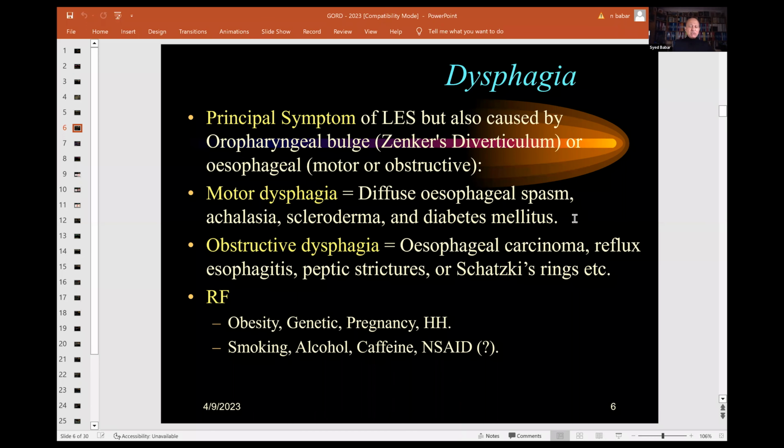These are obesity, sometimes genetic involvement, pregnancy enlargement, hiatus hernia, and then there are lifestyle triggers such as smoking, alcohol, caffeine, and frequent uncontrolled use of non-steroidal anti-inflammatory drugs, such as for joint pains. However, this relationship has been hotly debated not so long ago.